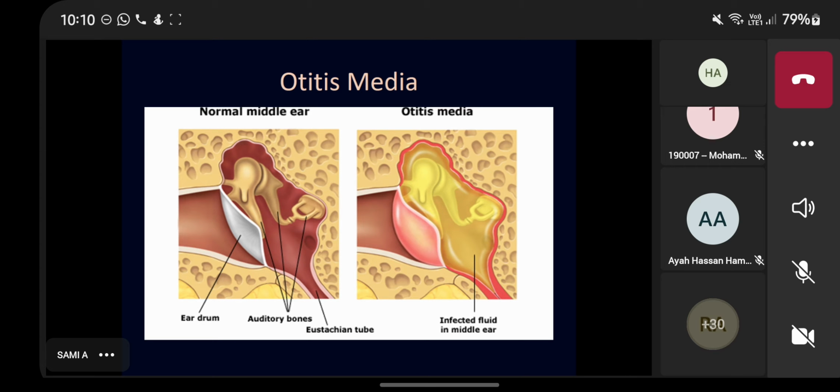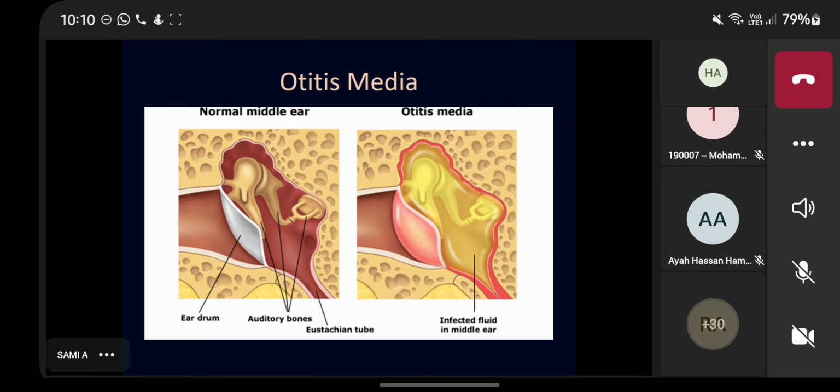So the pathogenesis of acute otitis media generally involves the following sequence of events. Most of the time, the child will have an antecedent upper respiratory tract infection. The event usually results in inflammation and edema in the respiratory mucosa of the nose, nasopharynx, and Eustachian tube.